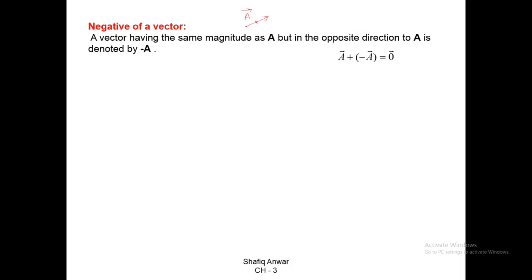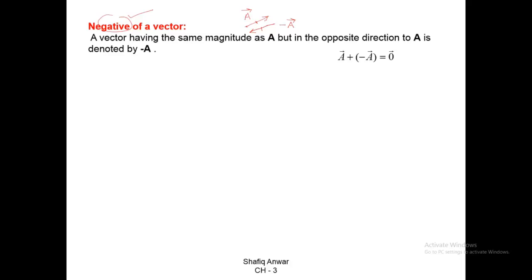If I have another vector having the same magnitude but in the opposite direction, this is called minus A vector, the negative of a vector. Okay, simply that.